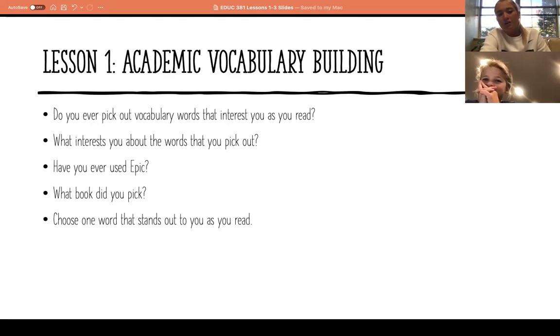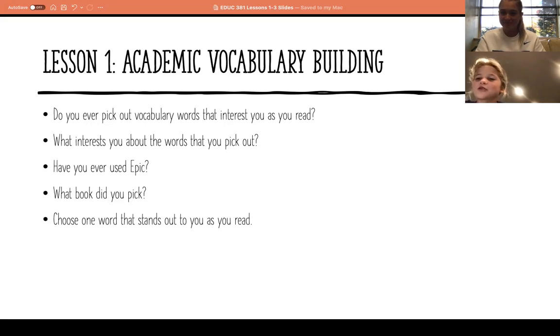Have you ever picked out vocabulary words when you read? Yeah, sometimes. What kind of words interest you that you pick out? Do they have a topic that they go around, or are there any words that stick out to you when you read? Like ones that I might not know. How do I explain this?